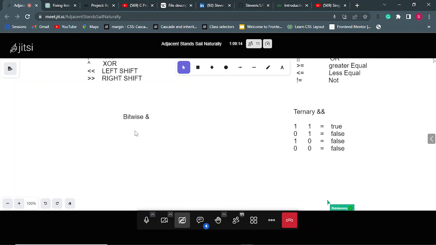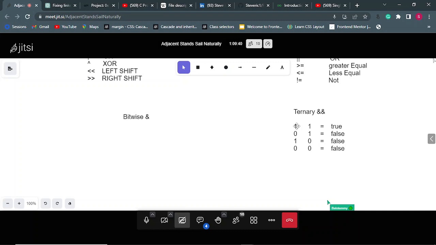Now let's look at the bitwise operator. I said that 1 means true and 0 means false.